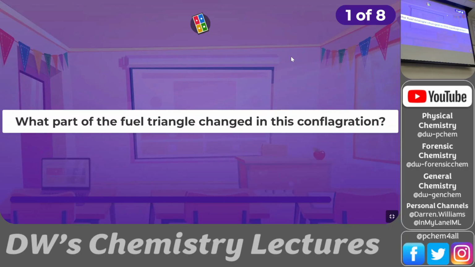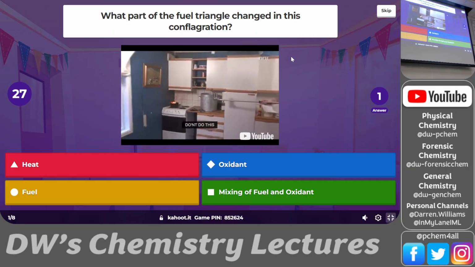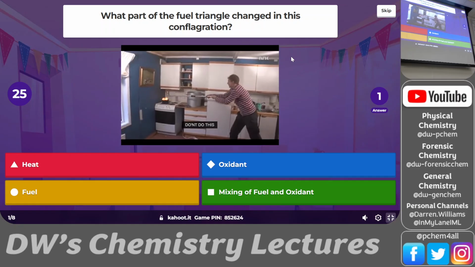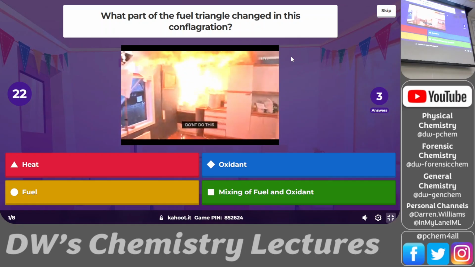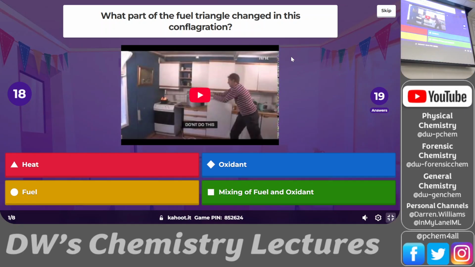What part of the fuel triangle chain is involved in this conflagration? So don't do this. You try to drop water on an oil fire.